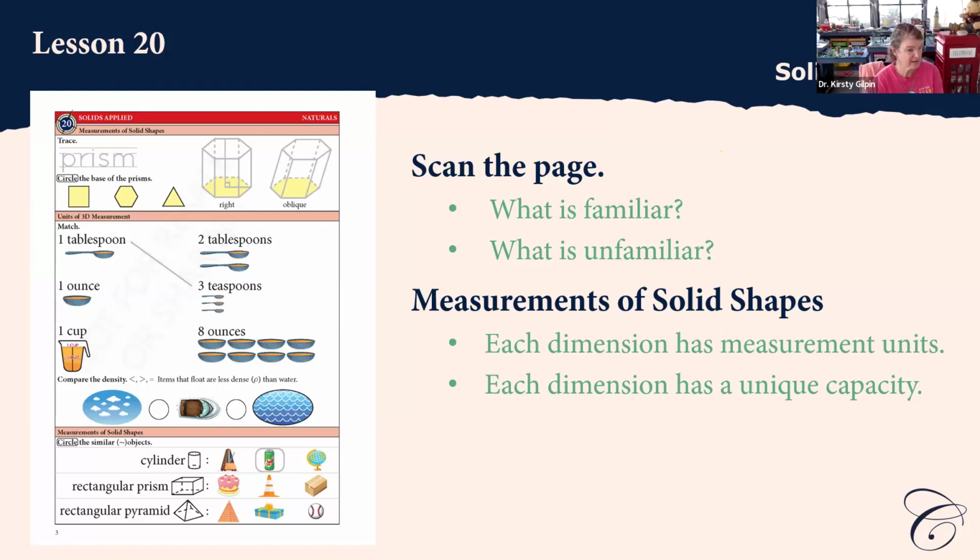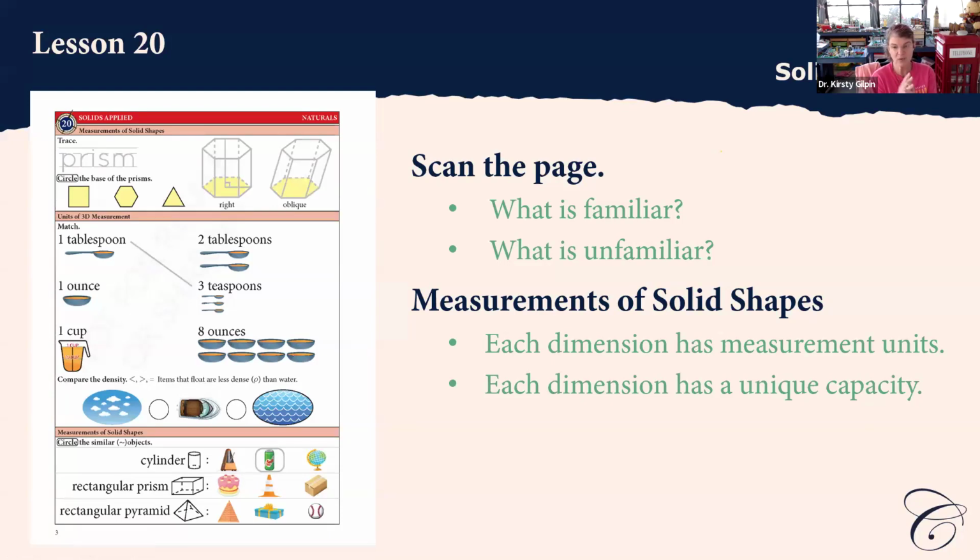So these math facts, when we're talking about tablespoons and teaspoons and ounces and cups, what are we measuring? Volume. Could we measure volume in 2D? No. So when we think about measurements, we recognize that each dimension has a unique capacity.